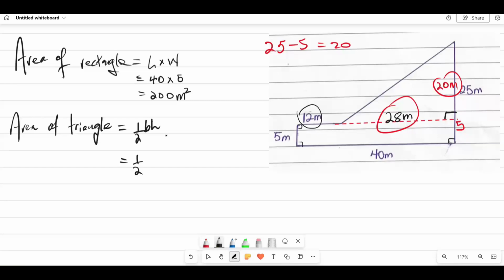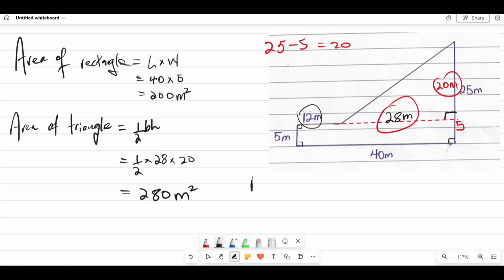So a half base times height is a half times 28 times 20. All we got to do is take our calculator and work these out. A half times 28 times 20, and that's about 280. So this is giving us 280 square meters. Remember, we want to find the area of the entire shape.